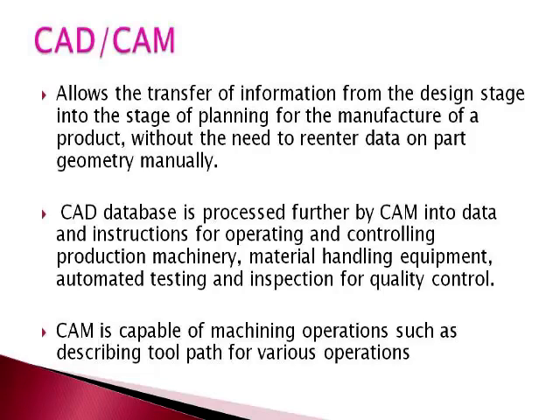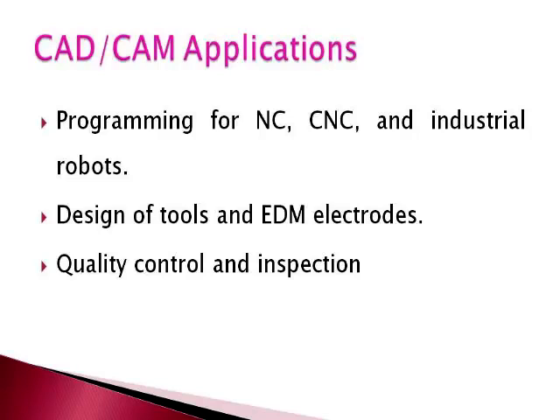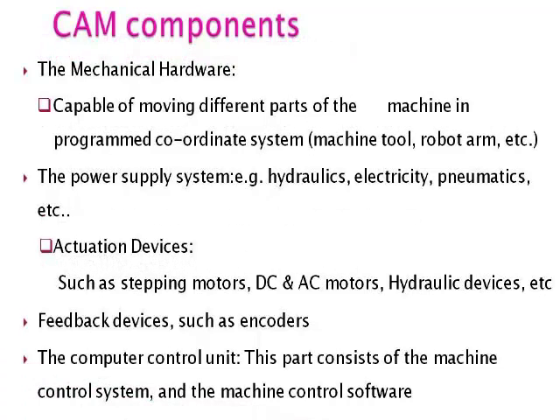CAM is capable of machining operations such as describing tool paths for various operations. CAD/CAM applications include programming for NC, CNC and industrial robots, design of tools and EDM electrodes, and quality control and inspection functions. CAM is capable of moving different parts of the machine in a programmed, coordinated environment.